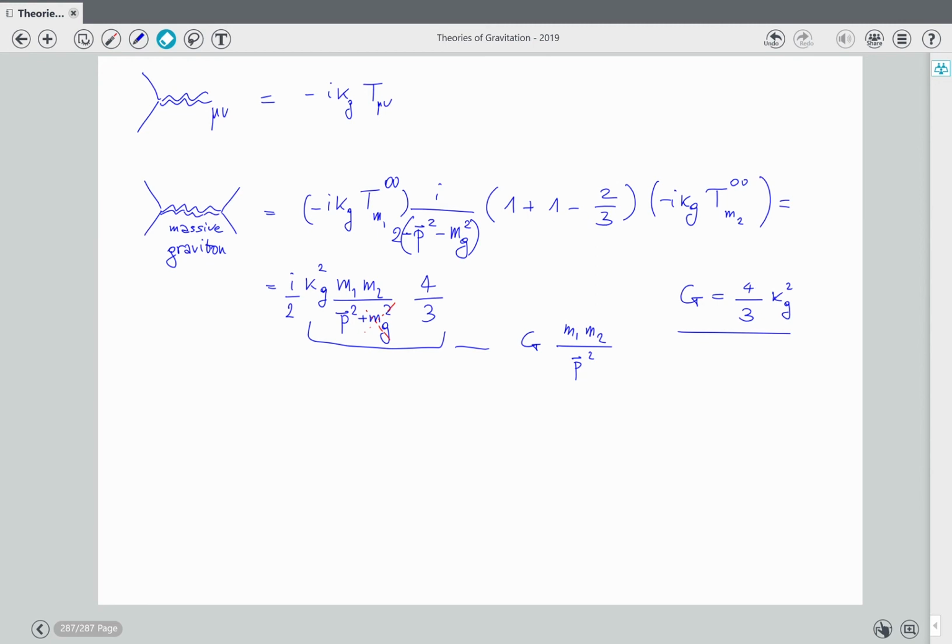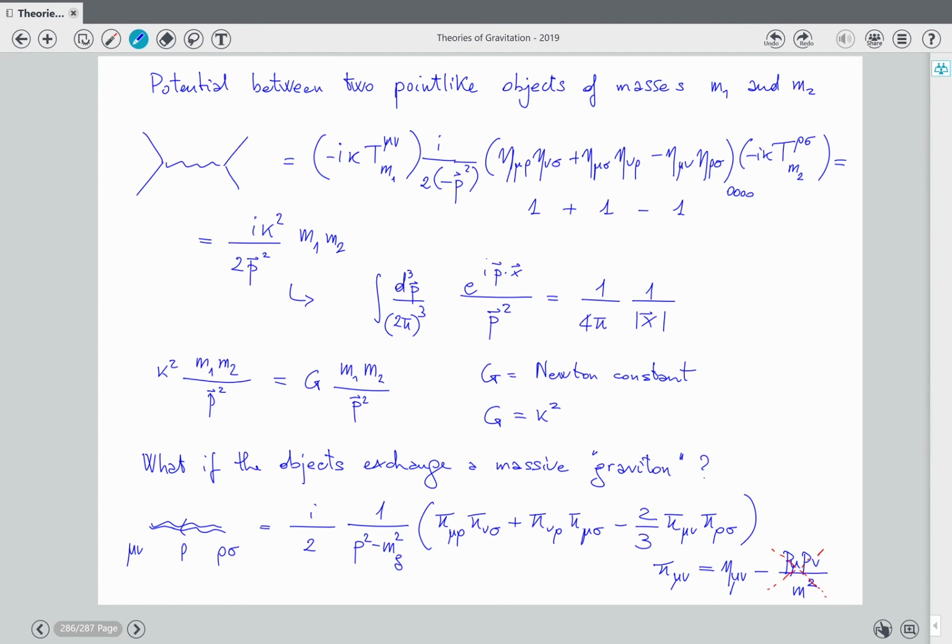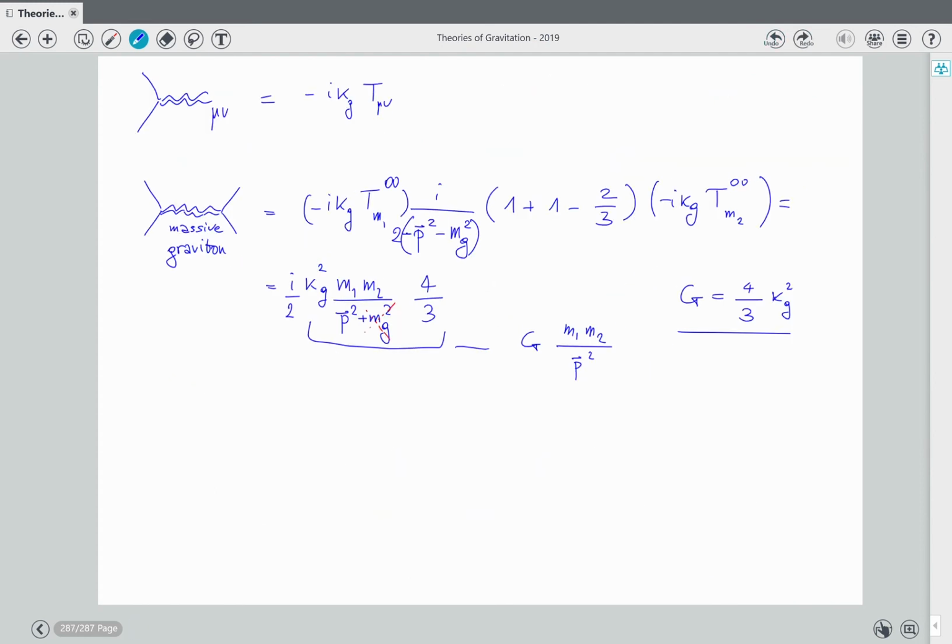Okay, so at this level, we do not see any difference between a massive graviton and a massless graviton, because it is always possible to match the constants with the Newton constant to get the right formula. Everything else works apart from the constant in front, because the potential is proportional to the masses, and the force is inversely proportional to the square of the distance. There's nothing else you can do.